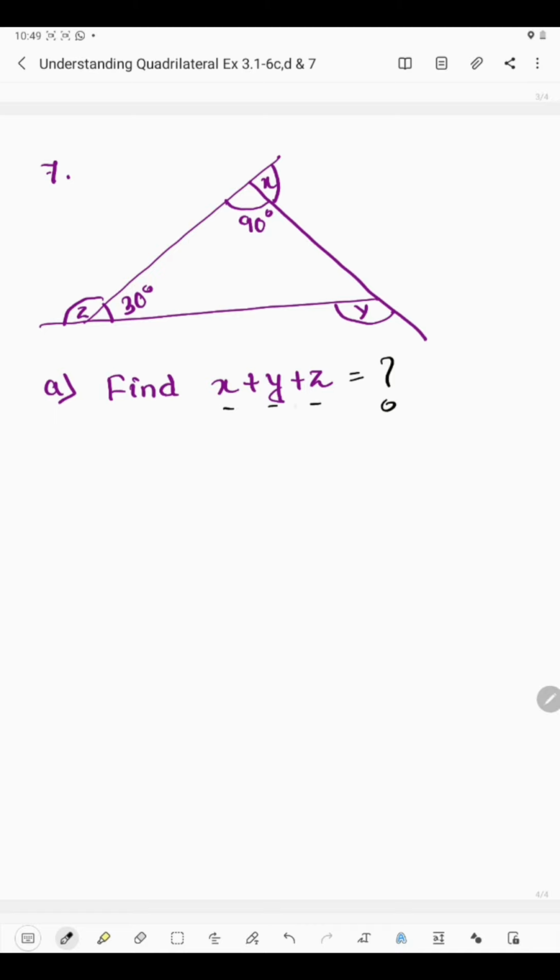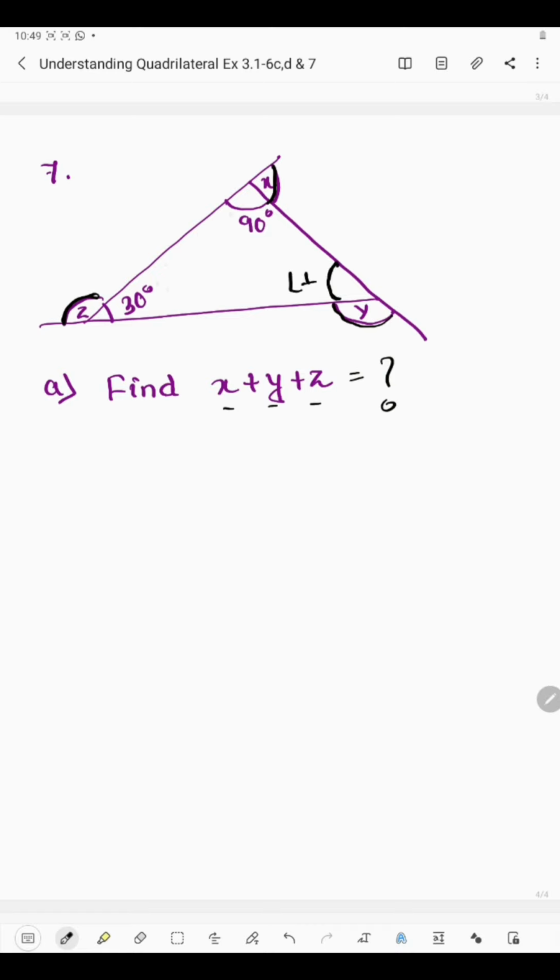So what are x, y, z in the figure? See, these are exterior angles. Okay, so until and unless you know the interior angles, you cannot get the value of the exterior angle. Here this angle is 90 degrees, this angle is 30 degrees, but we don't know this angle. So let us consider the angle to be 1.